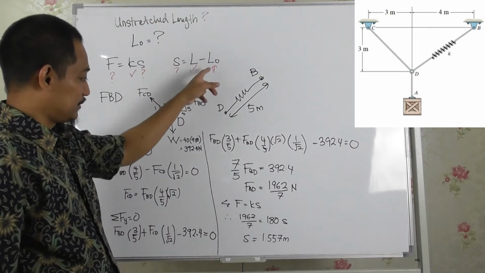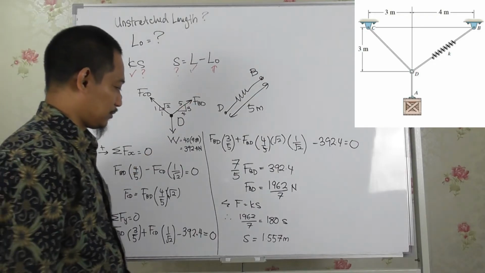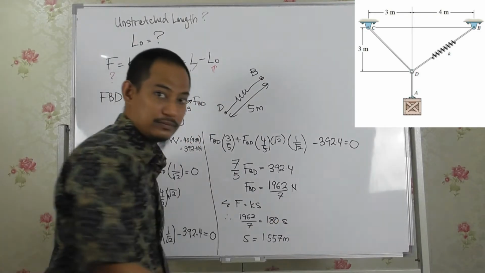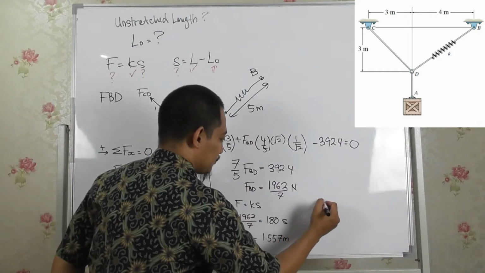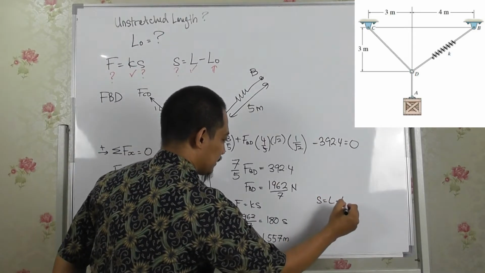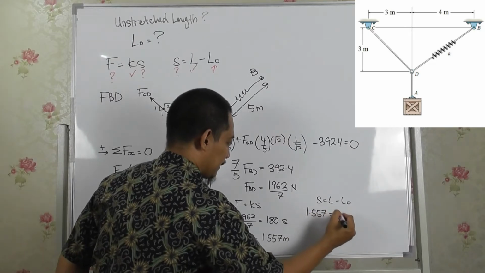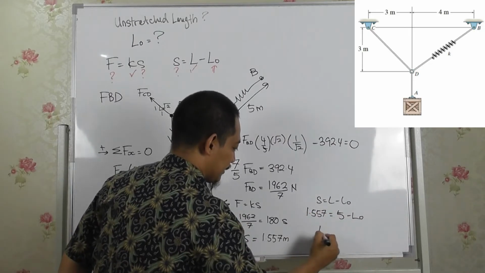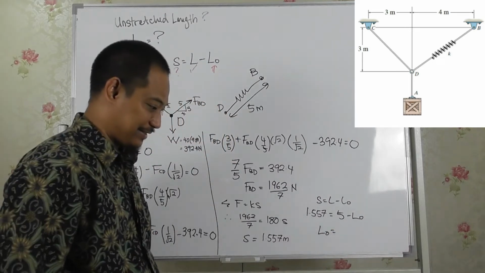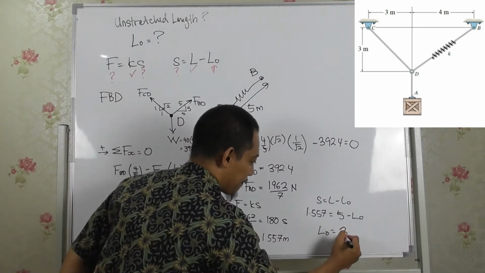So from here, S equal to L minus L naught. Can you see on this side? Okay. So from S equal to L minus L naught, S is 1.557, L is 5 minus L naught. So L naught you can calculate to be 3.44 m.